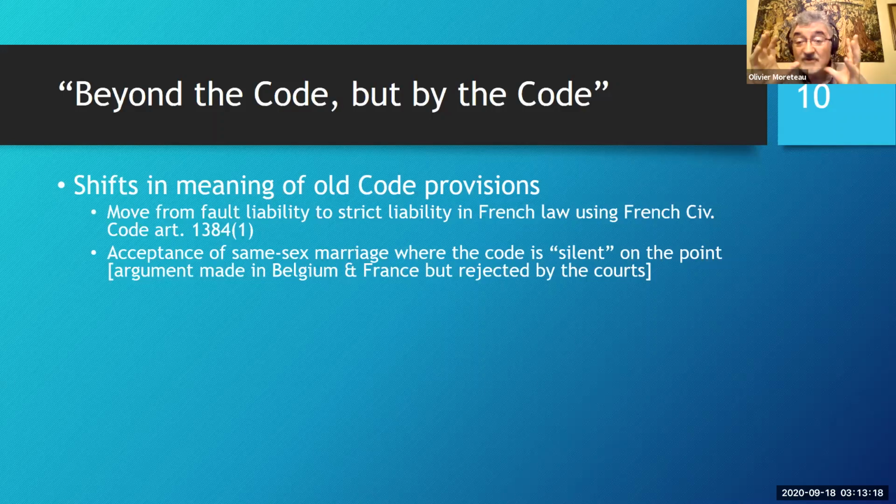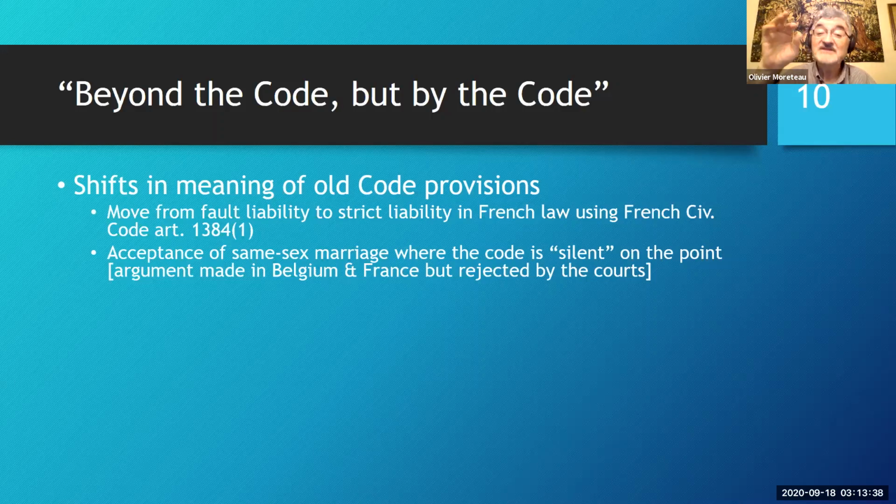There is no such requirement, the code is silent, and therefore there is no such requirement, and the code does not prevent you from marrying men with men or women with women. The argument has been made in courts in Belgium and in France, but it has been rejected by the Court of Cassation, both in Belgium and in France.